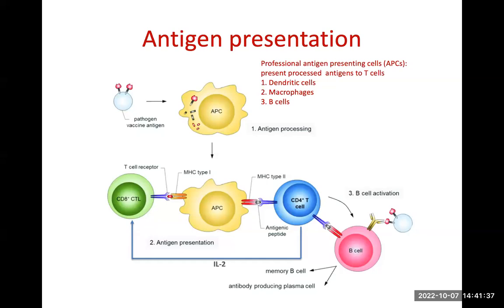Remember, it had proteins, now it is broken down into peptides. And then those are the peptides that are loaded into the MHC molecules to mediate activation, to enable interaction between that antigen presenting cell and CD8 T cells or CD4 T cells. And that's how those CD4 and CD8 T cells are activated.